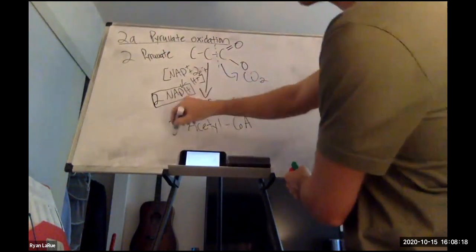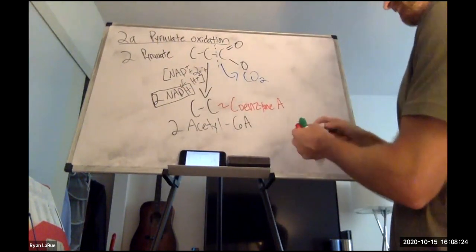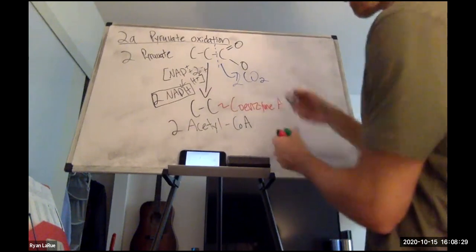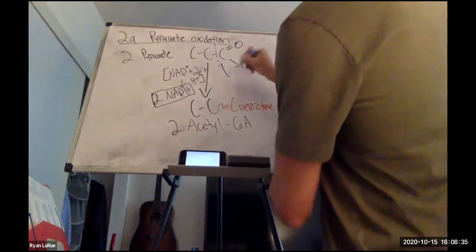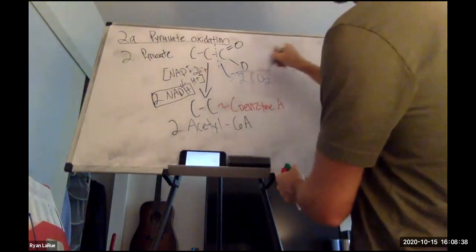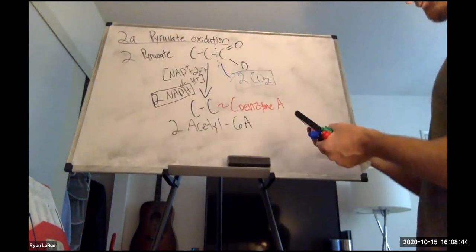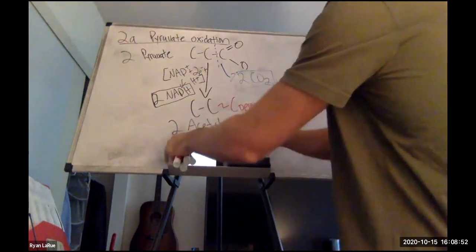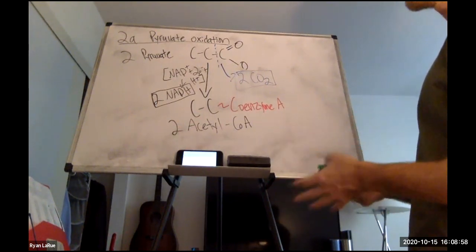Total. 2 acetyl-CoAs, and then 2 CO2s. 2 CO2 molecules. Okay, so that's the pyruvate processing 2A step.